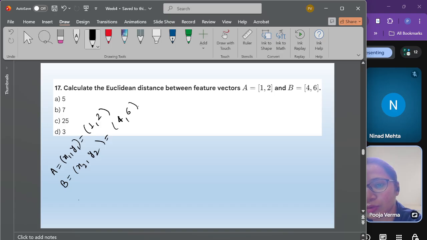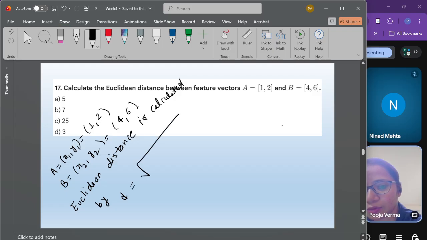Now, the formula for Euclidean distance is d equals root of (x2 minus x1) whole square plus (y2 minus y1) whole square, right?